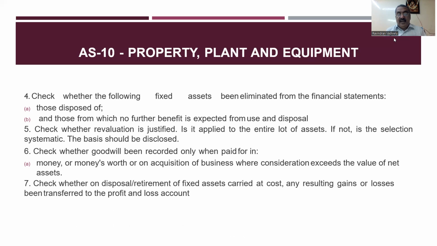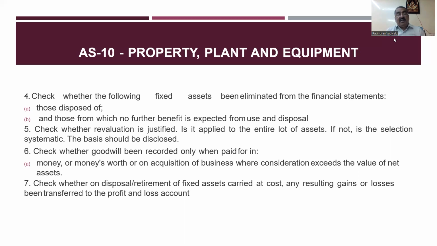Check whether any disposal or retirement of fixed assets carried at cost, resulting in a gain or loss, has been recorded. Normally, we value the fixed assets on WDV basis or straight line basis. What is the WDV value, and what is the amount for which you are selling the asset? If it is more than the WDV value, that's a profit.